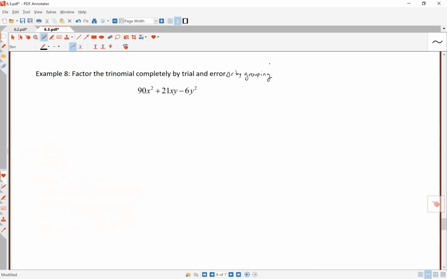If I jump right into the AC method now, numbers will get kind of big. 90 times -6 is -450. At second glance, I realized that the GCF here is 3. Factoring a 3 out from all of these terms will make my numbers 3 times smaller.